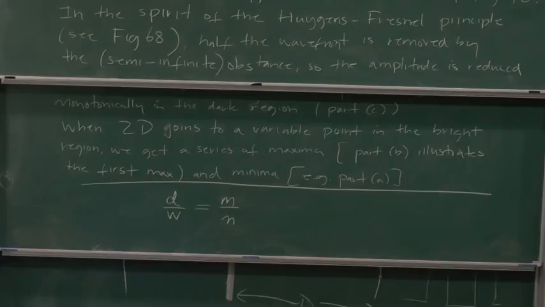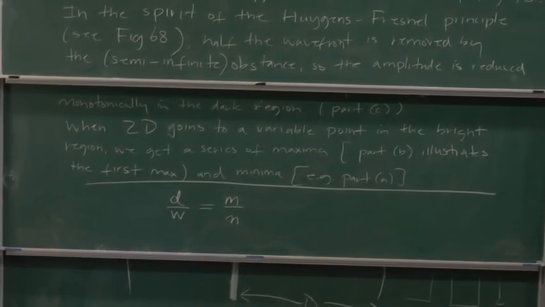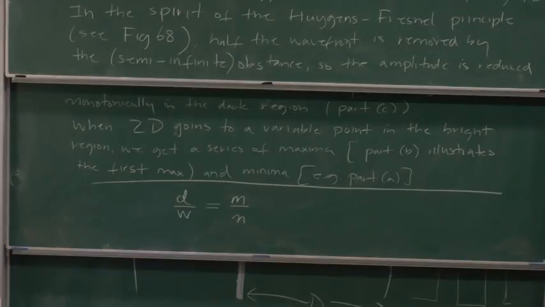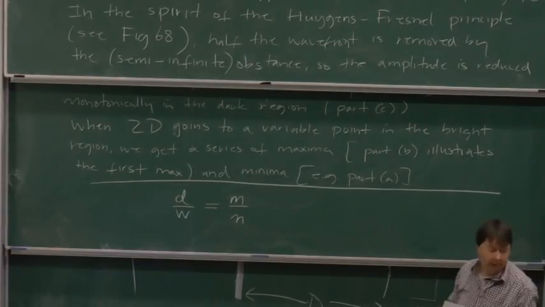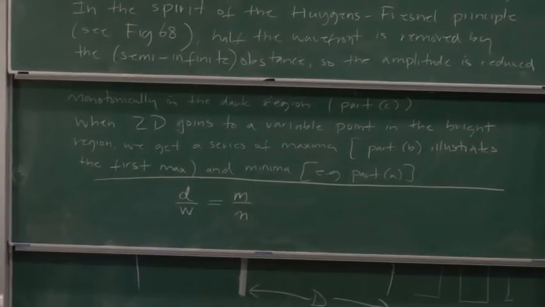When you compare with this equation, let's try and keep that one in view, this equation here, again, we've made the small angle approximation, so when it became equation 1, that was d theta is m lambda. This is the separation of the slits, and this is the mth maximum in the double slit pattern. This is the nth zero in the single slit diffraction, and this is the width of the individual slit.